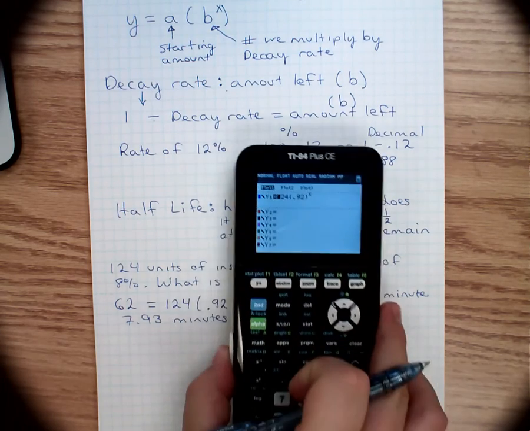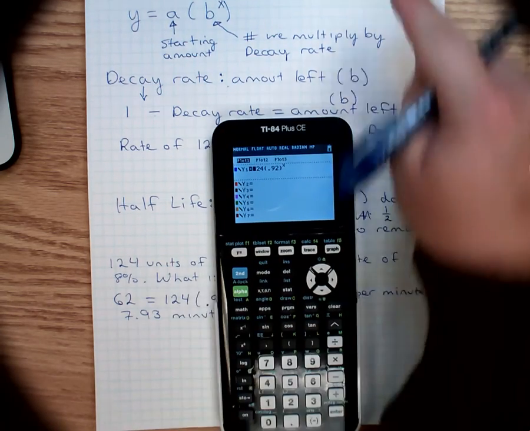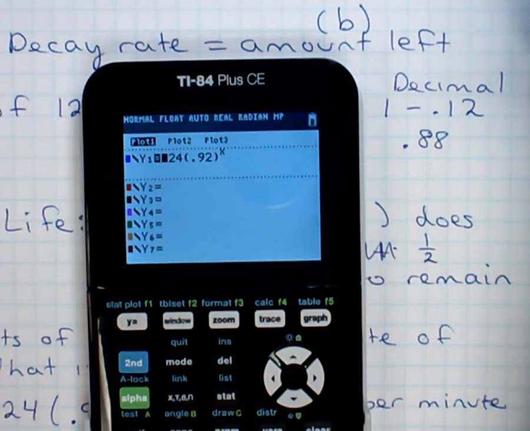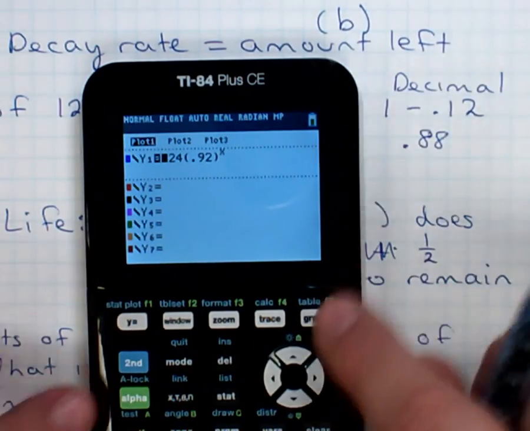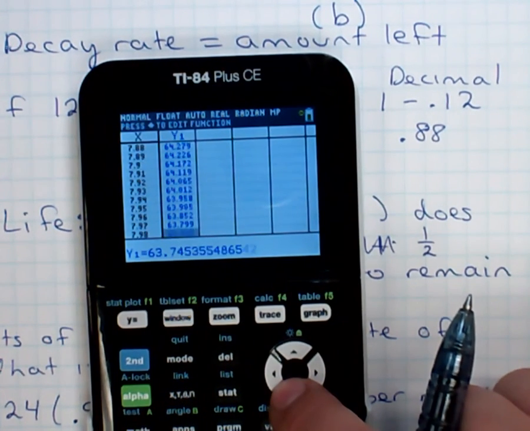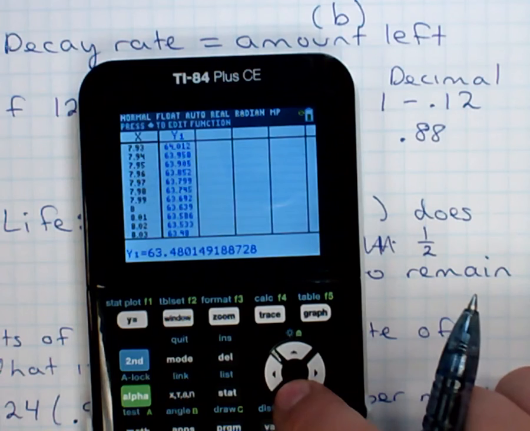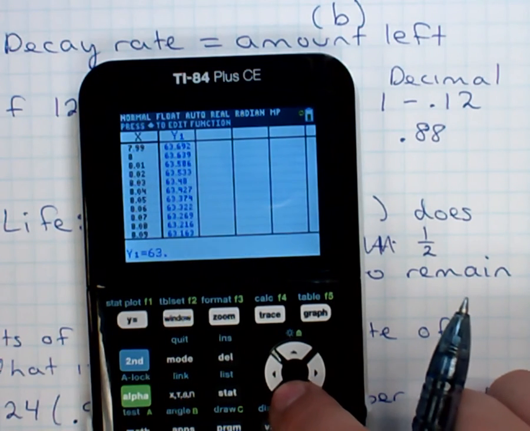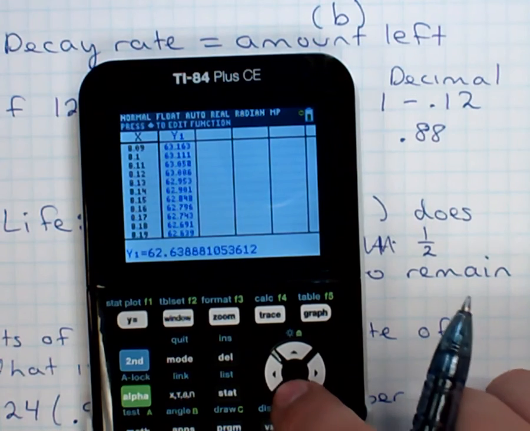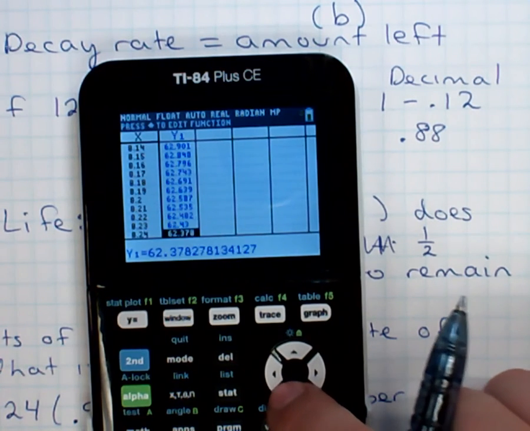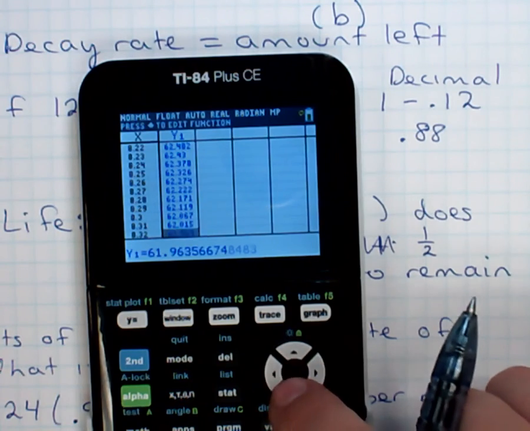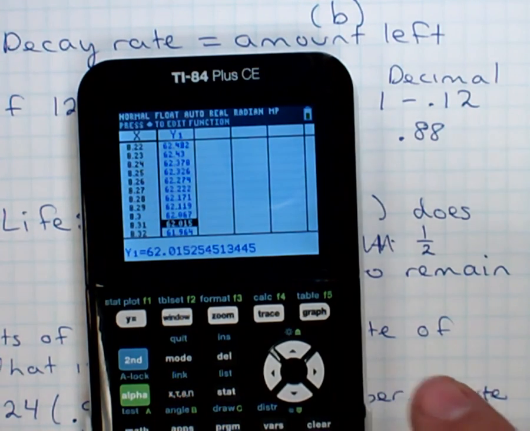Did your equation look like this? Yes. Oh, I think I looked for 64 out of habit because I looked for perfect squares. Oops, you're right. It's 62. 8.31.